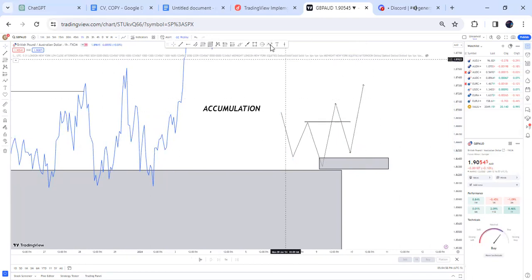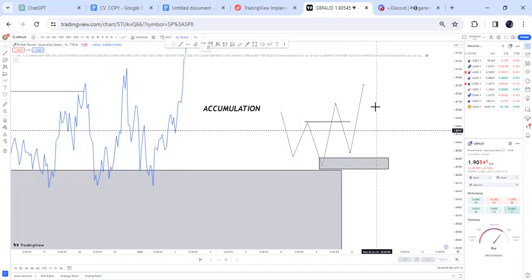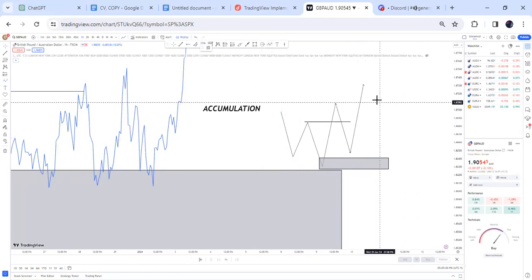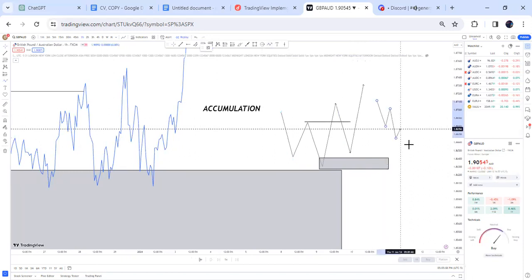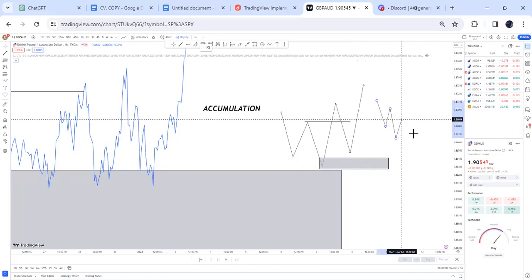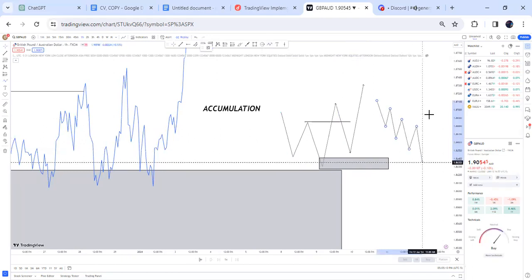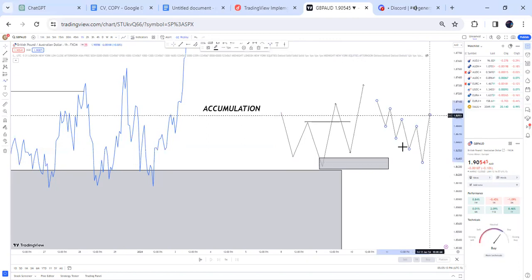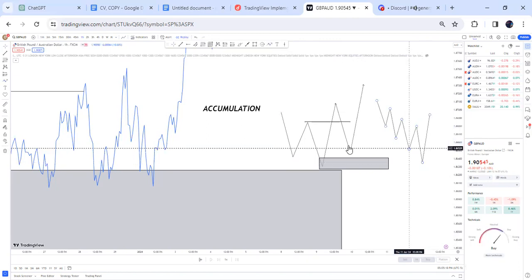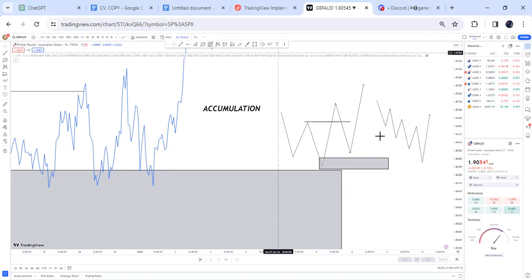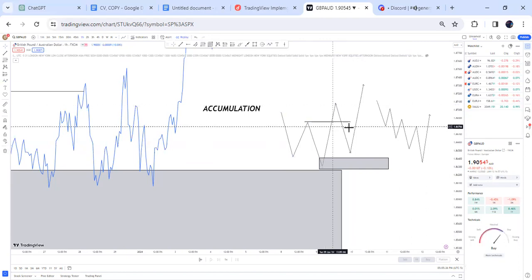Because I've taught you basic market structure. Whenever you have a retracement or a continuation move, let's take a retracement as an example, this is what you would have in that retracement into your point of interest. So you want to see this happen again, right? All of this is what is happening here on this retracement leg.